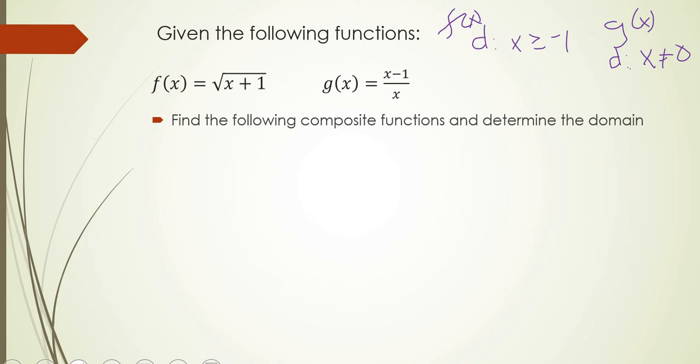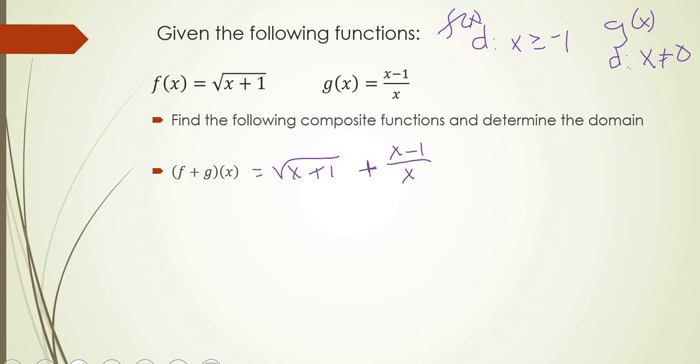Okay, so let's now look at some combinations of these two functions. So let's do f plus g of x. That means I am going to simply take f of x, which is the square root of x plus 1, and add it to g of x. So now I have a new function. I don't even have to simplify that.